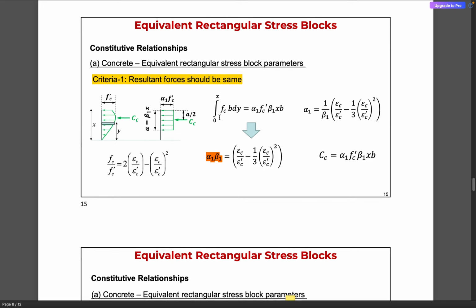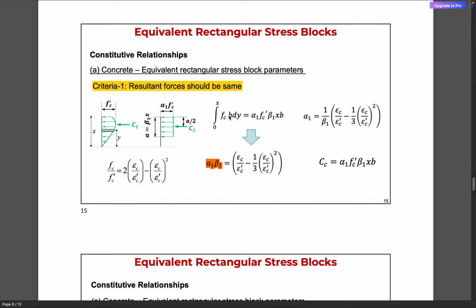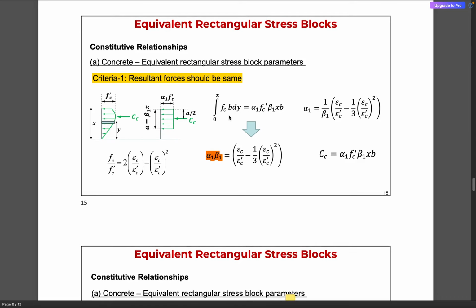So these are some of the integrations that we need to perform in order to arrive at these values of alpha 1 and beta 1.